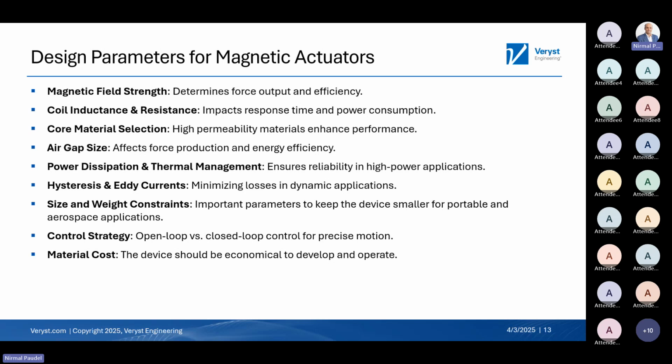There is the coil inductance and resistance that impacts the response times, and also the power consumption, and what is the available space in the design. And then the type of material selection for the magnetic core. For example, higher permeability enhances the performance, but there are certain requirements for the cost as well. You have to be mindful of that. The air gap, which includes the reluctance of the magnetic circuit.